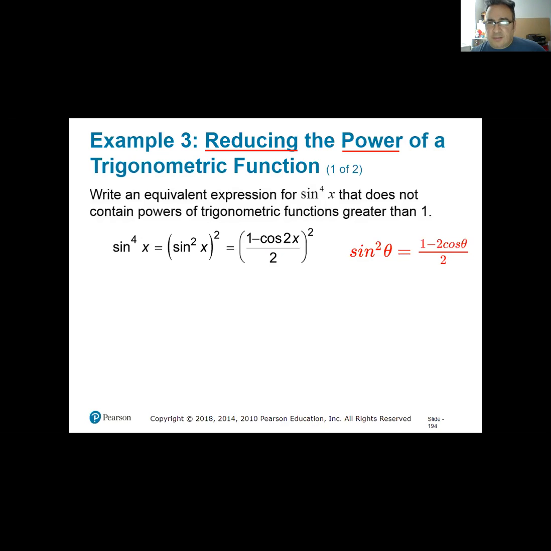Did I write that expression wrong here? The red one, I wrote it wrong. I wrote it right in the other one. So yes, this is the cosine of 2 theta. Thank you, Anthony. Let me see if I can fix that.